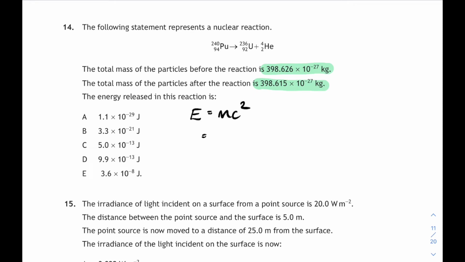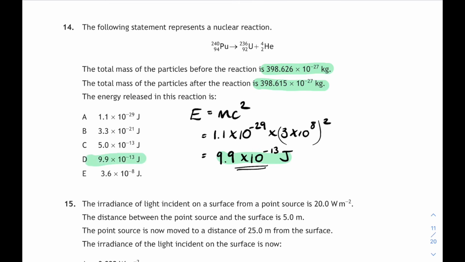That's 1.1 times 10 to the minus 29. And you'll find that number by subtracting the mass afterwards from the mass before. And then we multiply that by 3 times 10 to the 8 squared. And you get an answer of 9.9 times 10 to the minus 13 joules. That's answer D.